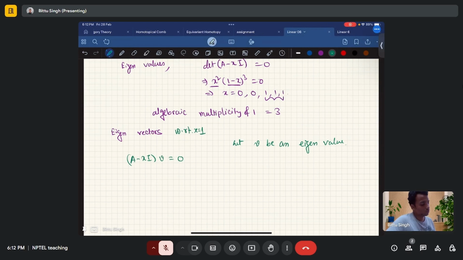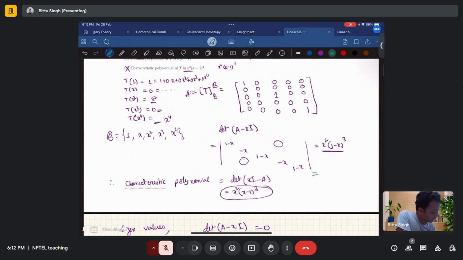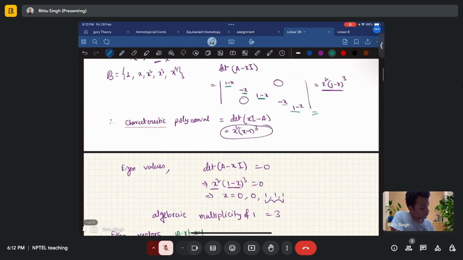So that is the same as A minus I times v equals 0, but we have already seen that A minus I will look like this, where those places are 0, 0, 0 and minus 1.